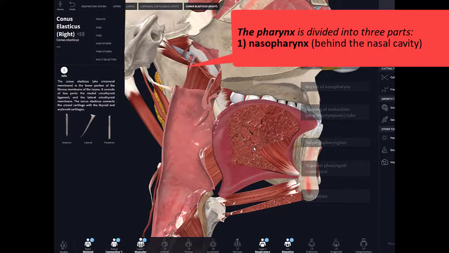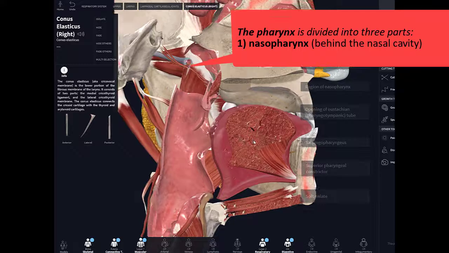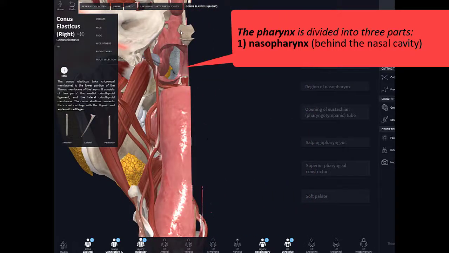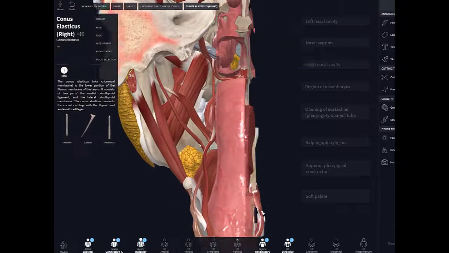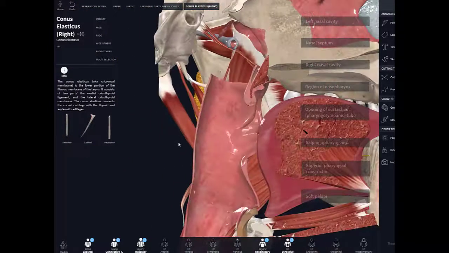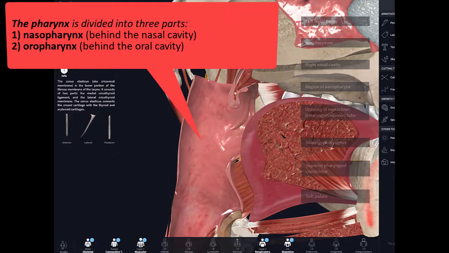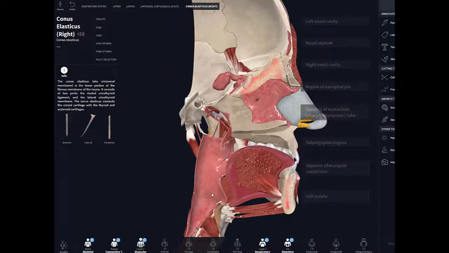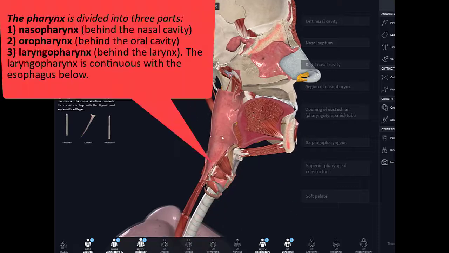The pharynx itself is going to be divided into three parts. There's the nasopharynx, which is basically the portion of the pharynx that you can see from here, which is the pharynx behind the nasal cavity. Then you have the oropharynx, and you probably already can tell that is the region behind the oral cavity. And then of course the laryngopharynx, which is behind the larynx, so it is a little bit further down here.